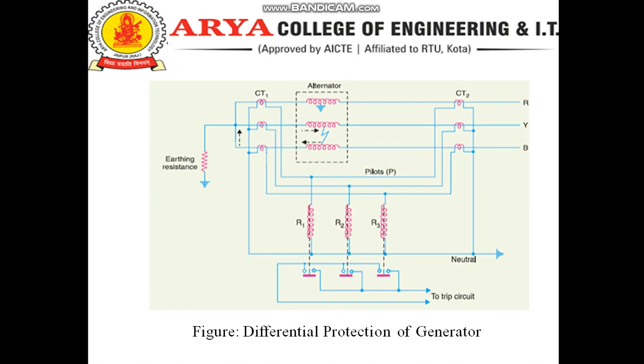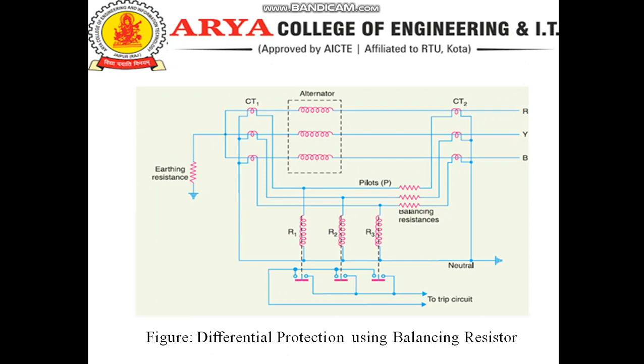This is the basic circuit diagram of differential protection of a generator, as shown in the figure. This is the differential protection using a balancing resistor for the protection of an alternator with a ground resistance.